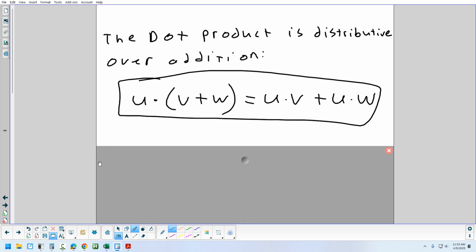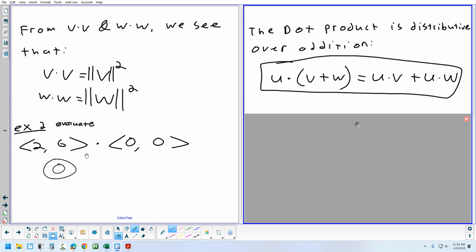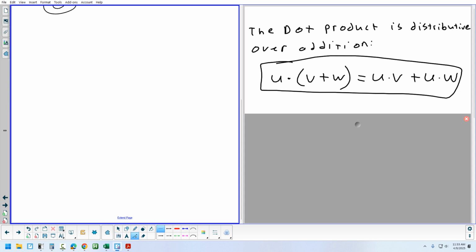Now, the last thing we're going to look at is what can you use the dot product to do. So if I had 2 vectors, let's say one like that and one like that, what would it be just amazingly cool if we knew how to do?